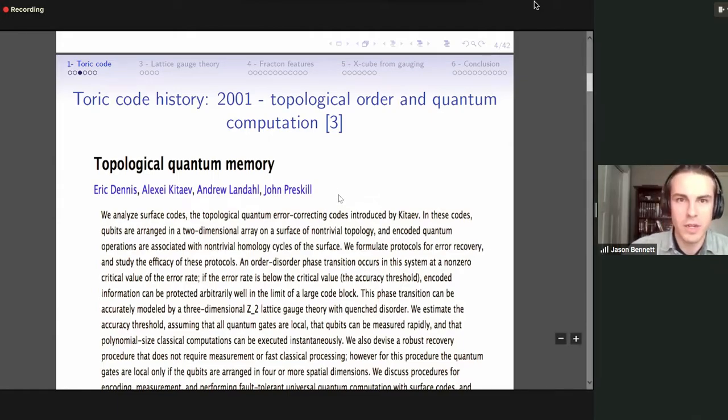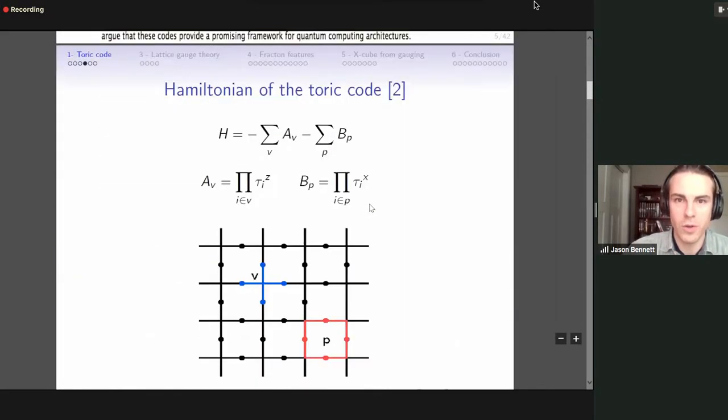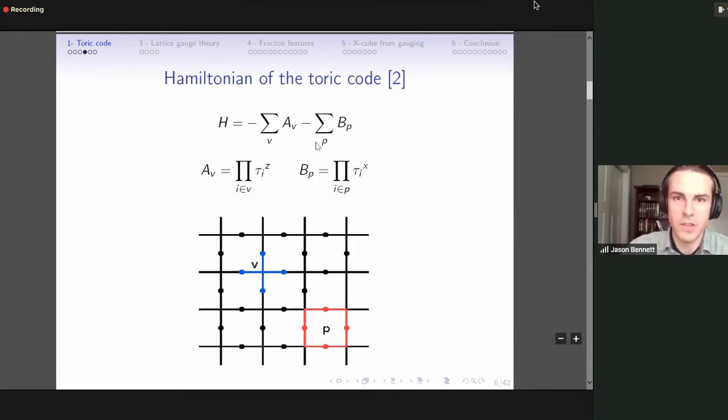So the Hamiltonian for the toric code looks like this. This is the original Hamiltonian from Kitaev's model, where he has terms where these little things on the edges are gauge fields, and these vertices are where the lattice intersects, and these plaquette terms are squares that surround each of a gauge field.